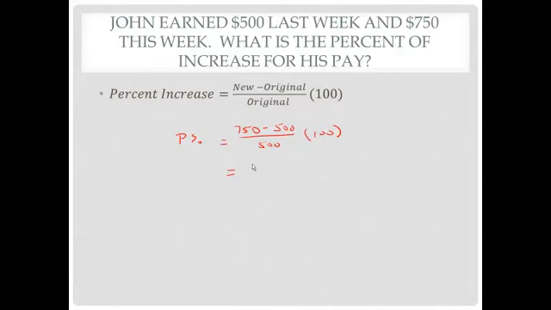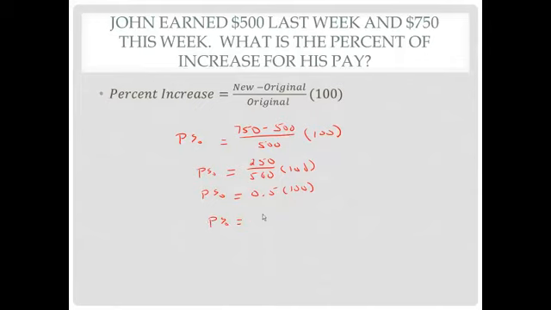All right, so when we subtract that, we get 250 over 500. And if we divide 250 by 500, that gives us 0.5 times 100.